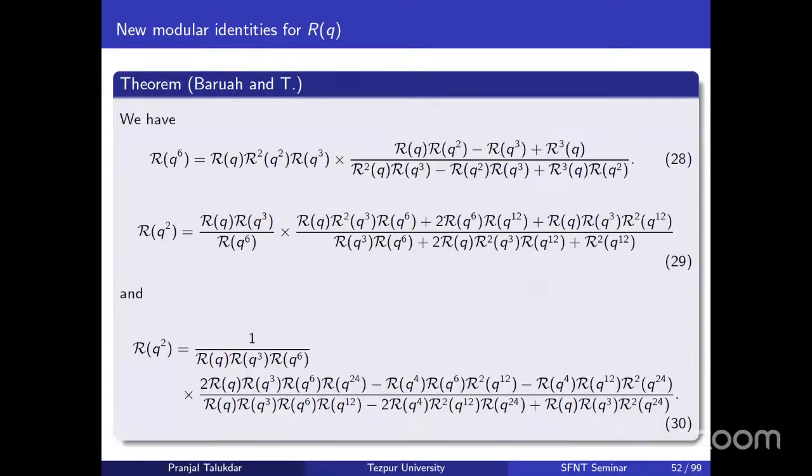Next, in this theorem, we have connected rq, rq square, rq3, rq6. Similarly, for this one, we have connected rq, rq3, rq2, rq6, rq12. And in this one, we have connected rq with rq2, rq3, rq6, rq12, rq24.